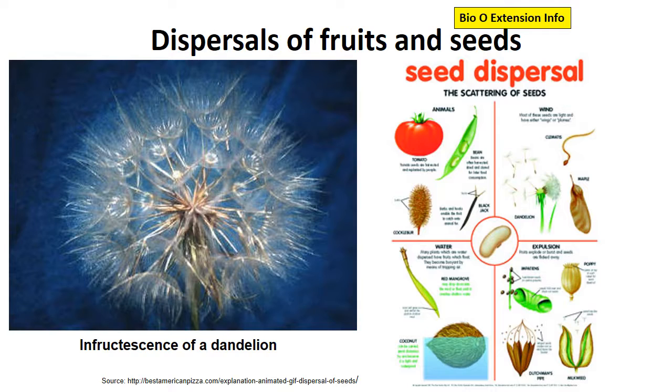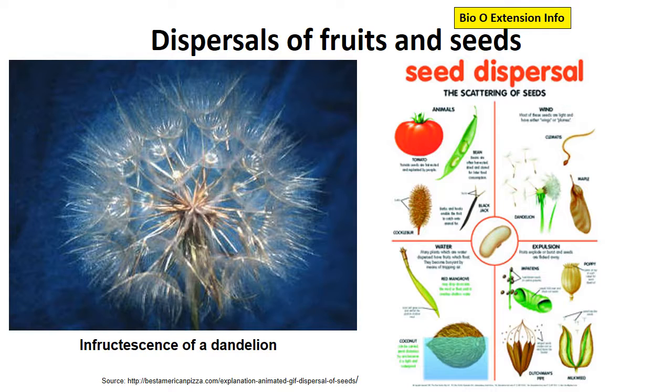On the upper right is the wind dispersing fruits and seeds. You can see how they are modified, and mainly the structures were optimized by getting a ride from the wind, and then the wind will help to disperse these particular seeds.